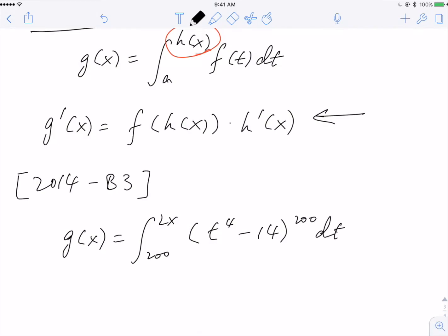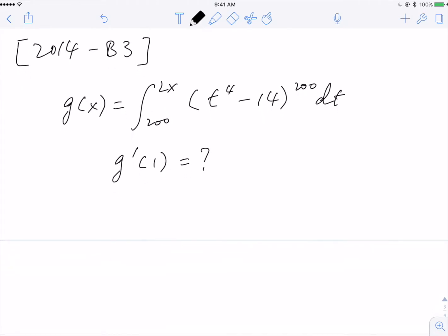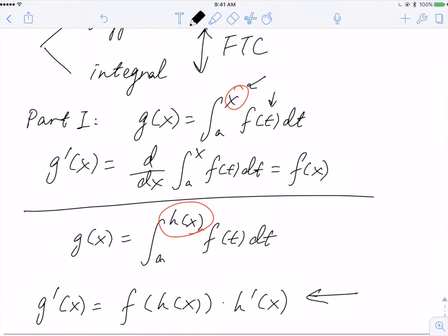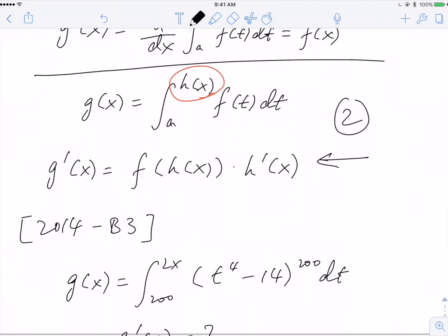And it's asking what g prime of 1 equals. Okay, so don't freak out when you see the power of 200, because it's asking for g prime, so we can just plug in the formula from the fundamental theorem of calculus. So g prime of x, here we ask ourselves, should we use the first formula or the second formula? Let's take a look.